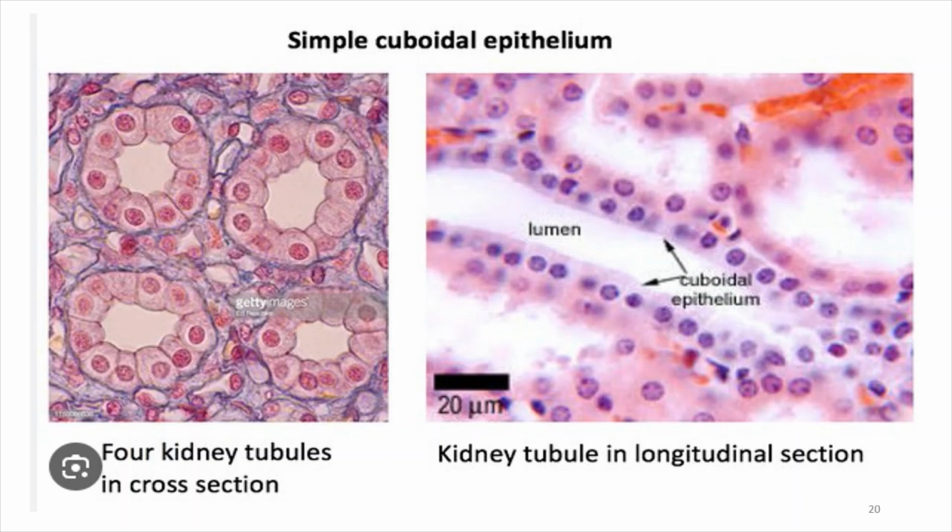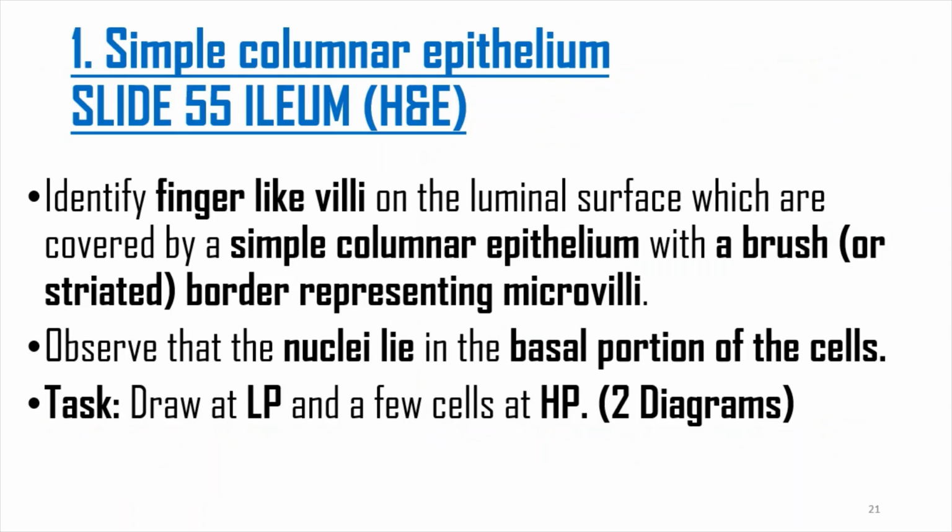Because the nuclei are central and it's only one layer of nuclei. So just draw this one cell and the other cell here. Then you are done. This is simple cuboidal epithelium found in the renal tubules.